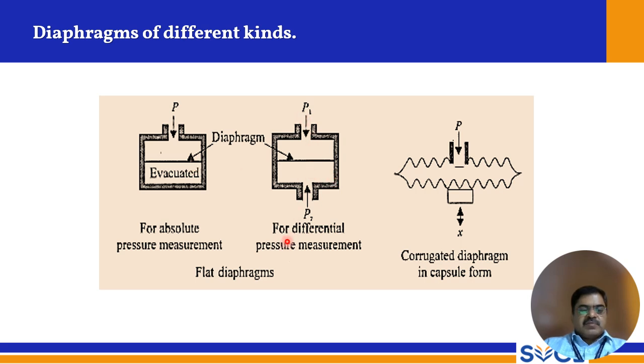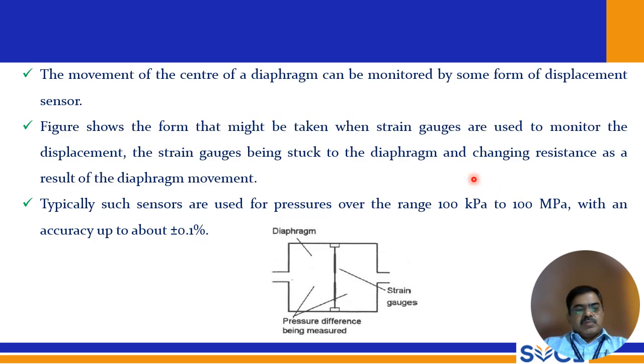And this is the differential pressure measurement, and a corrugated diaphragm in capsule form. The movement of the center of the diaphragm can be monitored by some form of displacement sensor. Here, this figure shows the form that might be taken when strain gauges are used to monitor the displacement.